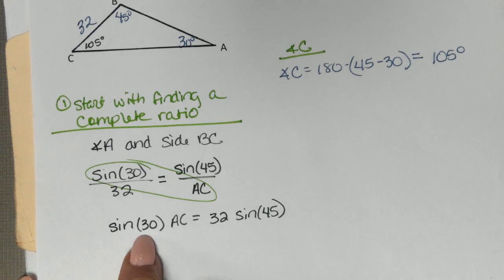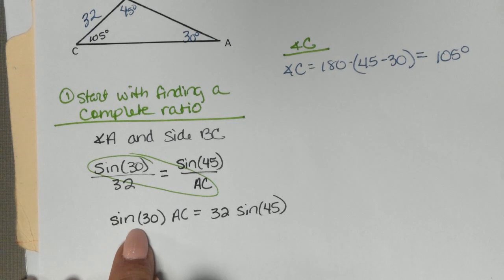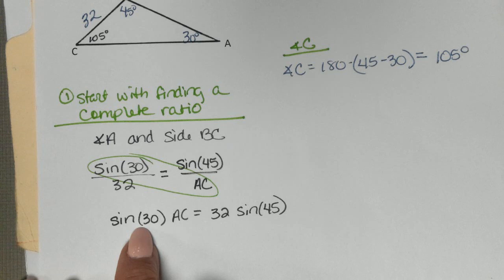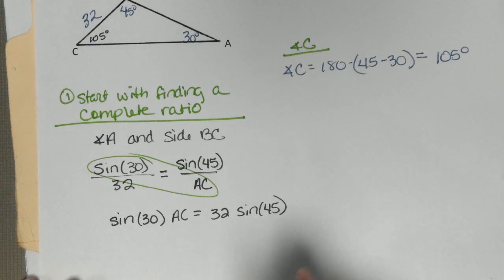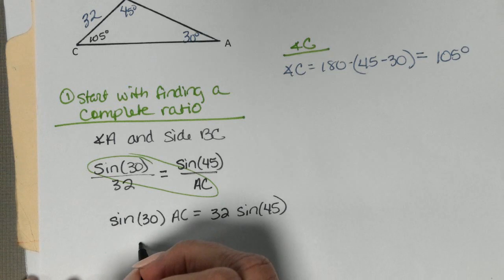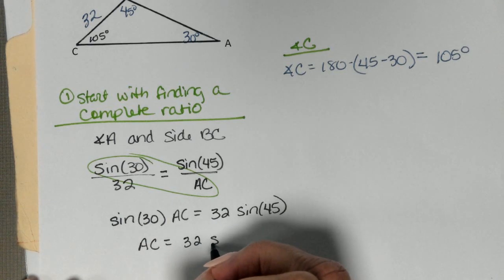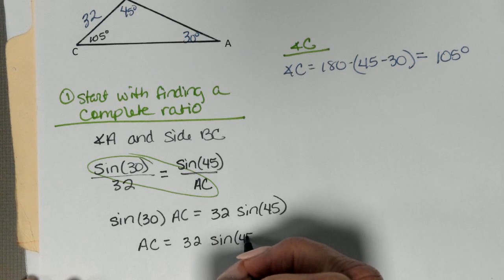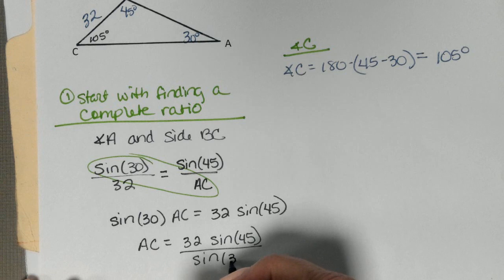The last step is to divide both sides by the sine of 30. Remember, the sine of 30 is an actual number; the sine of pi over 6 is 1/2. So we're basically dividing by 1/2 or 0.5. I'm going to do all of this in one swoop. I don't even need to put anything in the calculator yet. Just get it all written out and then we can do it all at once.